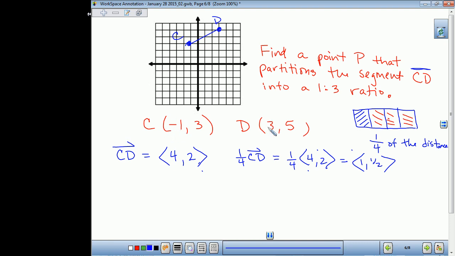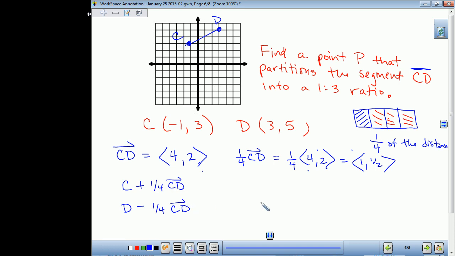Please write them as vectors when they're vectors. Oopsies on me. Okay, so that tells us how far to go. Well, we can go that distance from here or that distance back from there, couldn't we? So we can say C plus 1/4 that vector, or D, if we want to go backwards, it's minus 1/4 that vector.